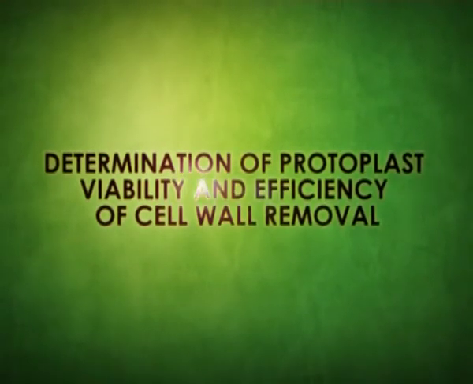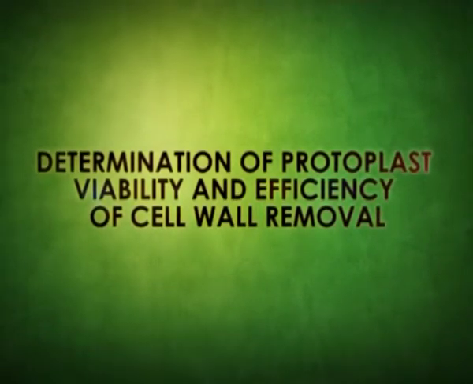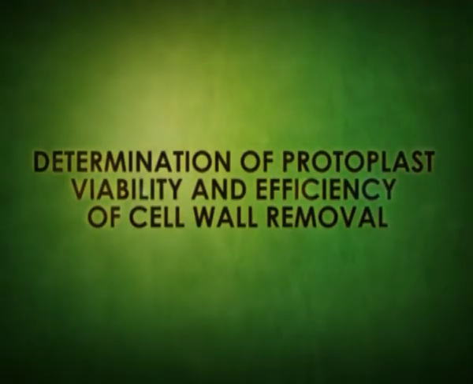Next, let us take up determination of protoplast viability and efficiency of cell wall removal. The isolated protoplasts have spherical shape when observed under light microscope. The staining of protoplasts with fluorescent brightener Tinopal will produce yellow fluorescence if there is any remaining cell wall.